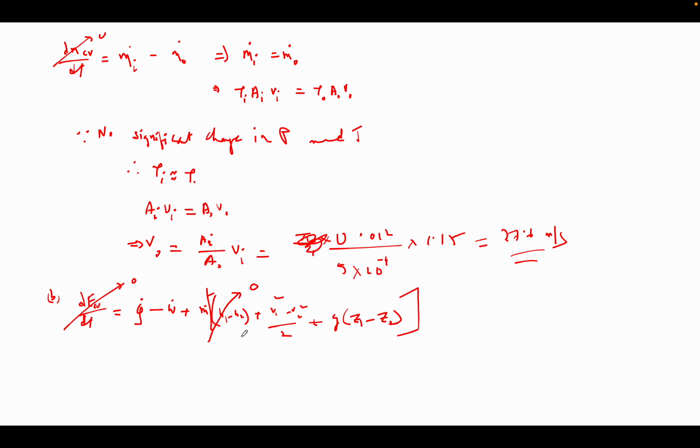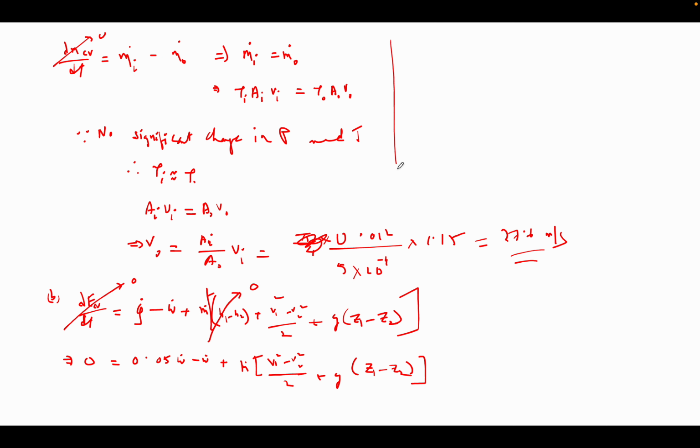We need to calculate W dot. So 0 is equal to 0.05 of W dot, because it is 5% of W dot, minus W dot plus m dot times V1 squared minus V2 squared by 2 plus z1 minus z2.